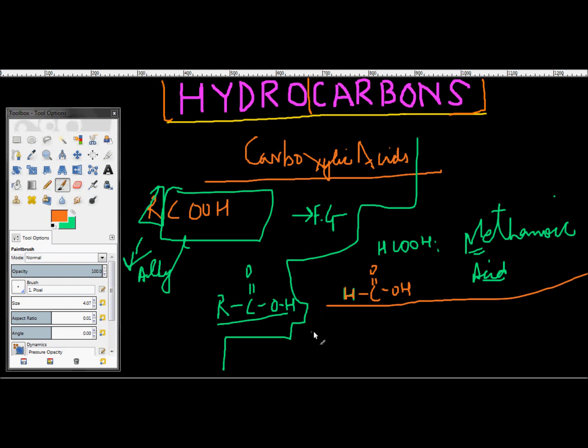Another one that I'm going to draw is, let's take up propanoic acid, right? So when you take up propanoic acid, you have to remember that there are again 3 C's in all. So if there are 3 C's, then you have to consider this C, meaning this C of the functional group.